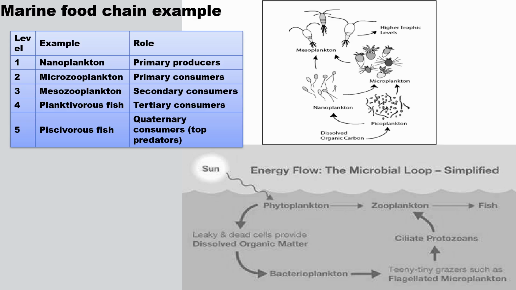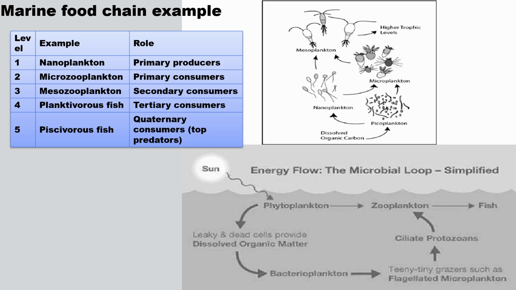Then extremely tiny organisms like picoplankton and nanoplankton come into play. They feed on these bacterioplankton. After this, microplankton eat the picoplankton and nanoplankton. Then mesoplankton and zooplankton come into the scene. They eat the microplankton.